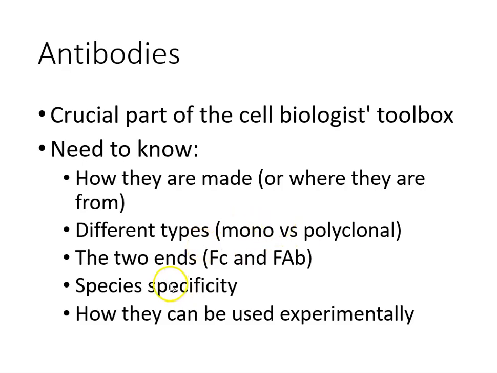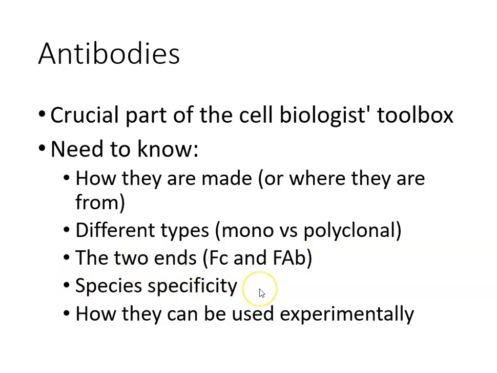We're going to look at the two ends of the antibody, the Fc and the Fab portion. So the Fc is not the bit that binds a specific protein. The Fab region is the bit that binds a specific protein or a specific epitope.